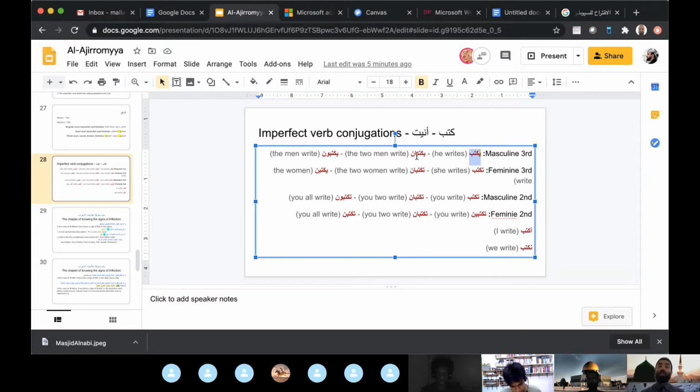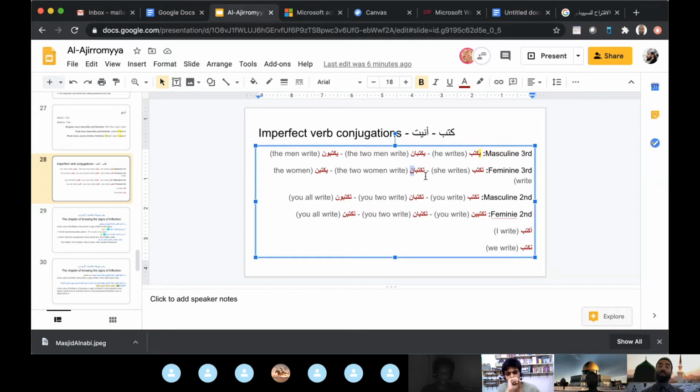In the case of all the verbs that you see a noon at the end, except these two, that noon is a sign of rafa. As soon as you see this noon, you know that this is marfu, that it has the inflection of rafa.